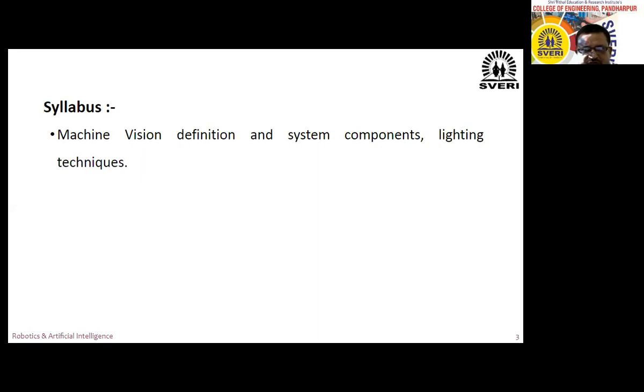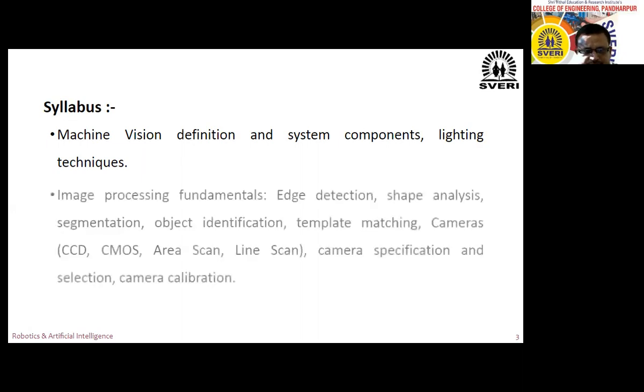Now the syllabus: machine vision, definition and system components, lighting techniques, image processing fundamentals, in that edge detection, shape analysis, segmentation, object identification, template matching, and cameras.